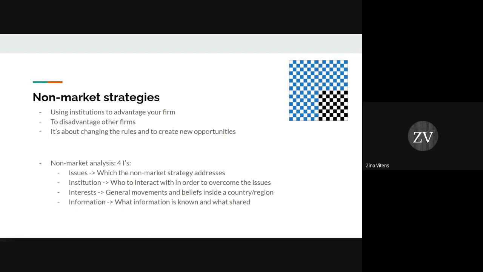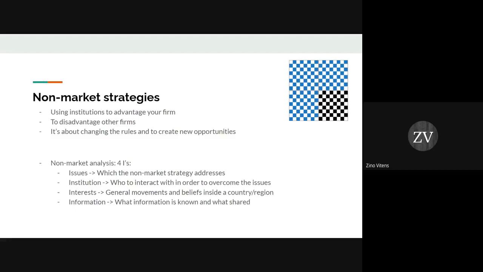Interests are in general movements like climate change, women's rights, human rights, stuff like that. And information is what information of your company is known by the public, and you can, of course, blur it, like Wirecard did, and give fake information out, like a fake annual report, for example.